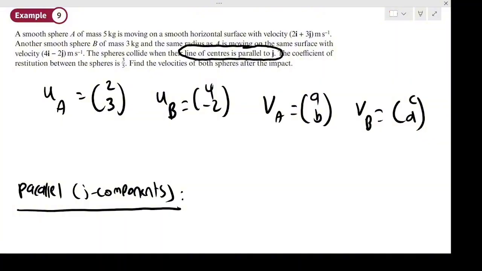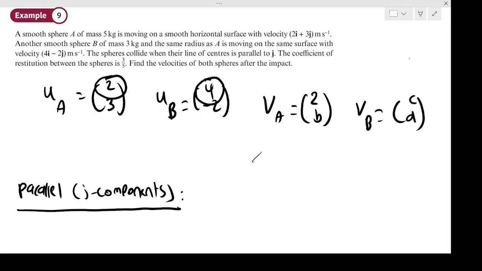Now before I do that, because the J components are parallel, because again we're just told this, right, that means the I components don't change as a result of that, right? Which means if initially the I component is 2, then we know that afterwards it's still going to be 2 as well. So we can fill that in straight away. Likewise for B, initially the I component is 4.